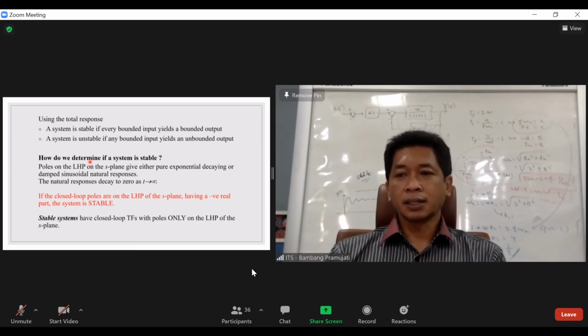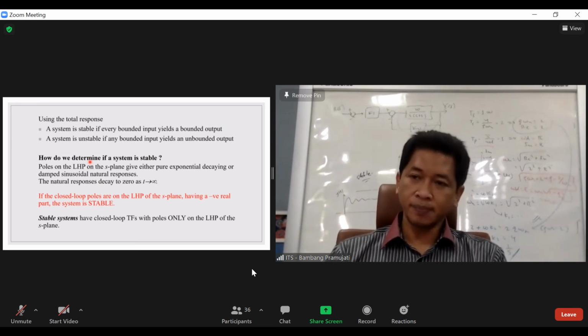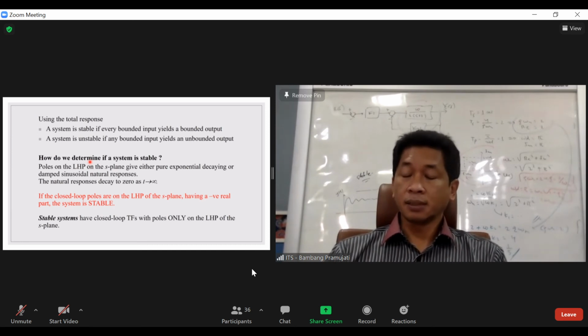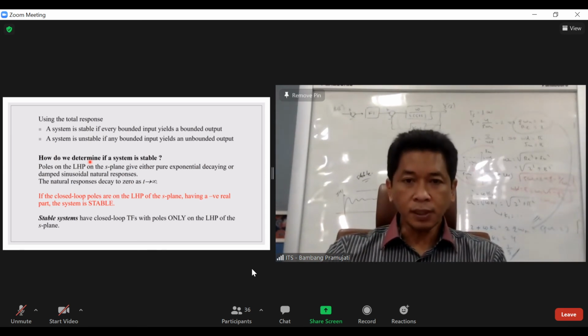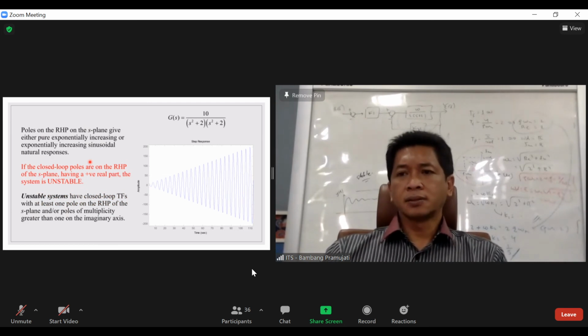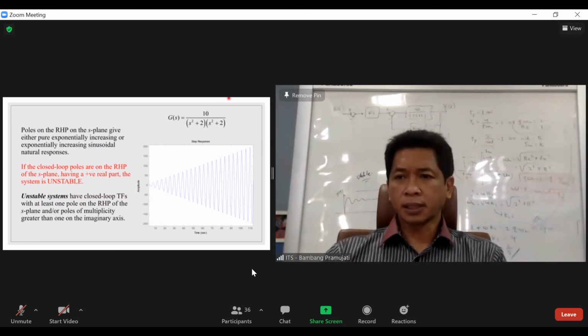Tapi kalau akarnya itu negatif, all of them, then stable. If you have one positive pole, then becoming unstable. Yeah, that's very easy way of looking at the whether the system stable atau enggak. Itu dari melihat akarnya di mana.